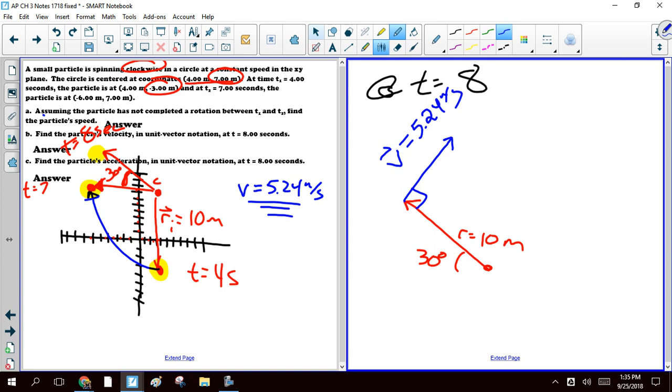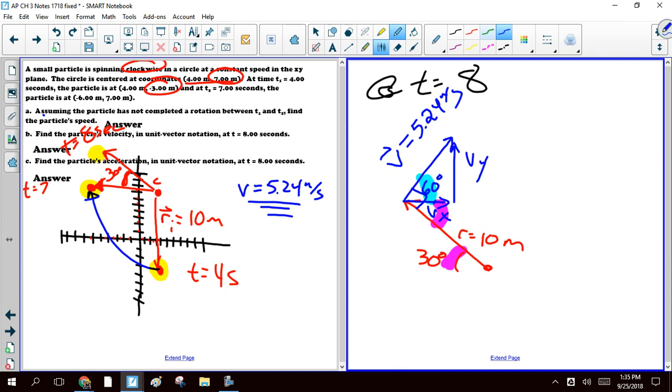So I'm going to do a little bit of trig here. So let's see, there's an x component to my velocity, and a y component to my velocity. So let's see, if this is 30 degrees, then alternate interior angles tells me that this must also be 30 degrees, which means that this is 60 degrees.